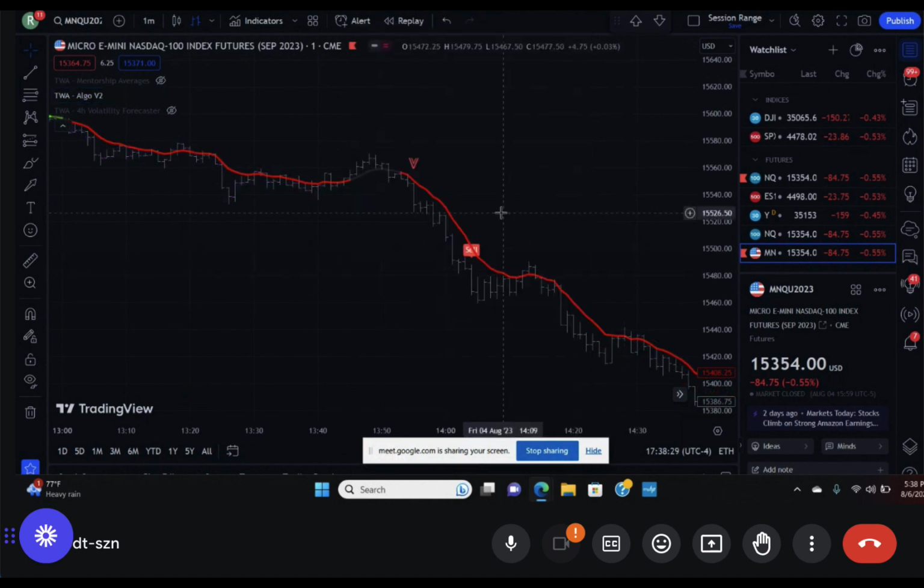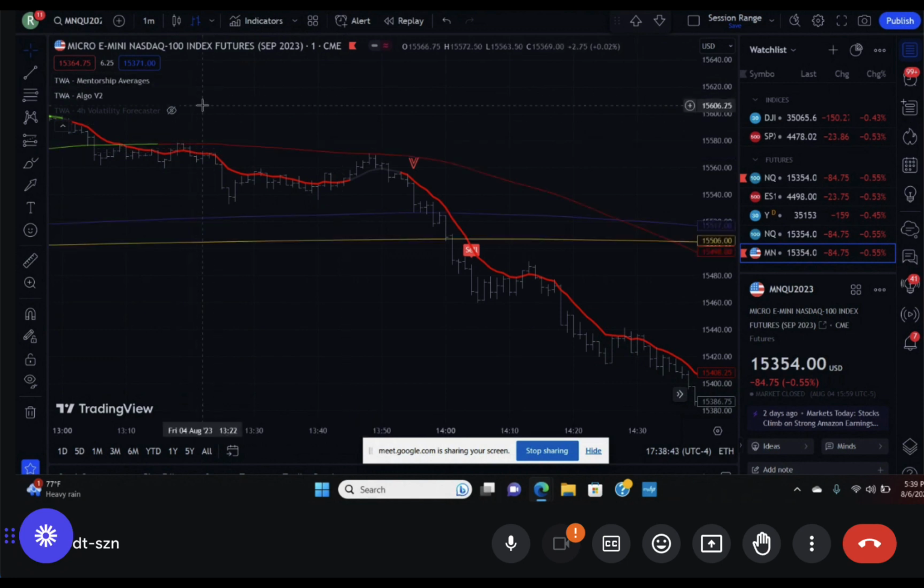So just paying attention here to the evidence line, it's pretty clear to see that we should be looking for shorts, right? And if now we turn on the mentorship averages, the mentorship averages are agreeing with us that we're in a possible short on one of the time frames.